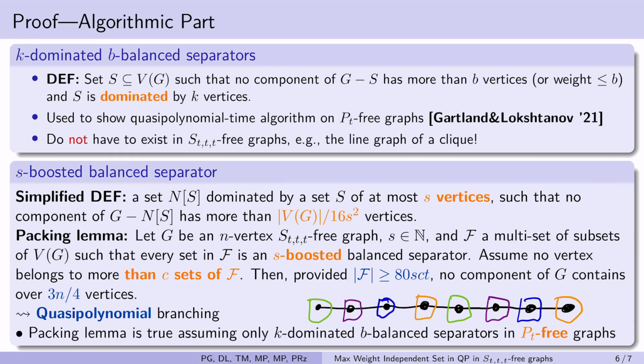This is only a simplified definition, but just to capture the idea: this is again the neighborhood of some set, dominated by that set of at most s vertices, and we would like the components of G minus the separator to be of size smaller than the number of vertices over 16s squared, where this square factor growth is actually important because it prevents us from constructing such examples with a path.